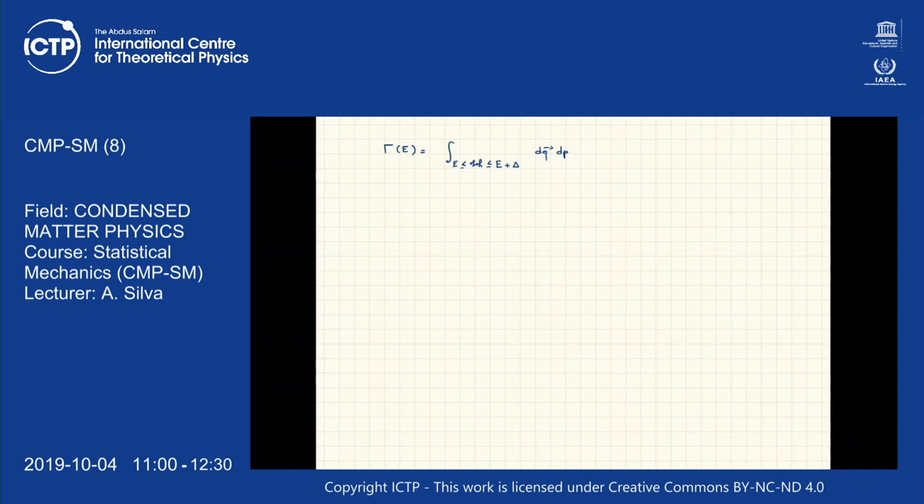When I write dq dp, what I mean is the integral over all the dq_i's and dp_i's. So when I write the differential this way, what I really mean is the product over i of dq_i dp_i.